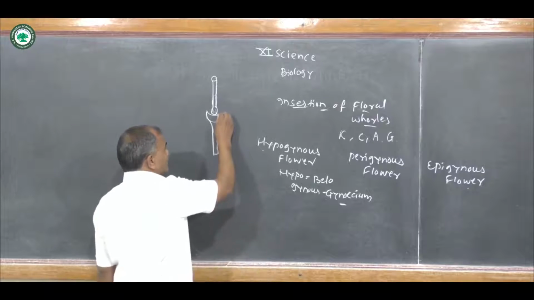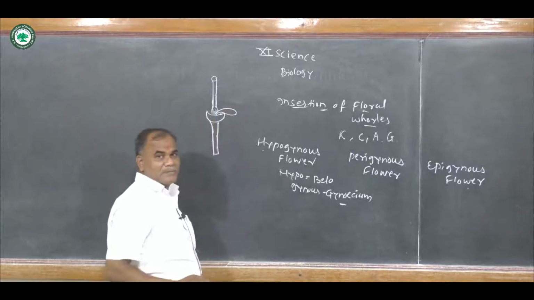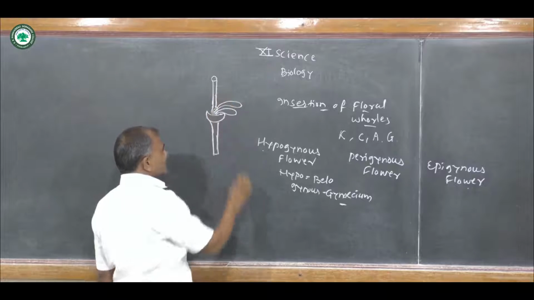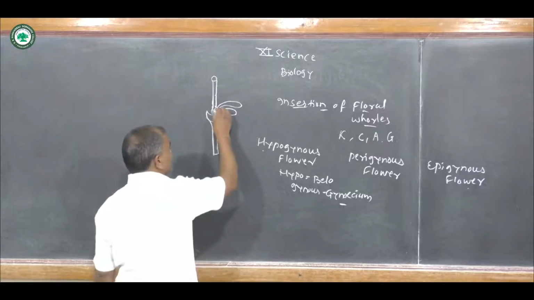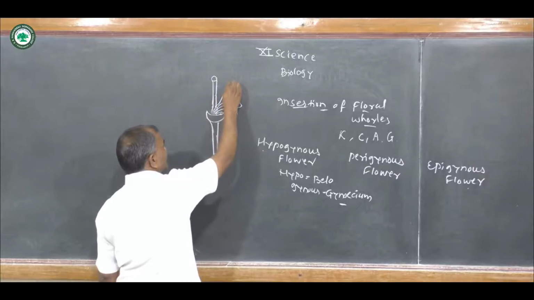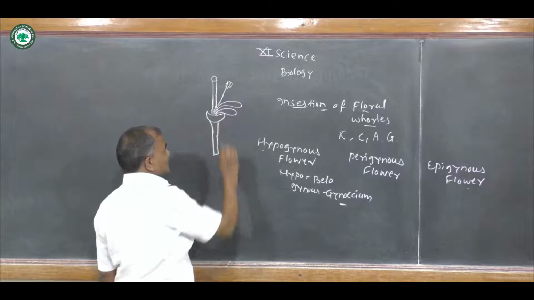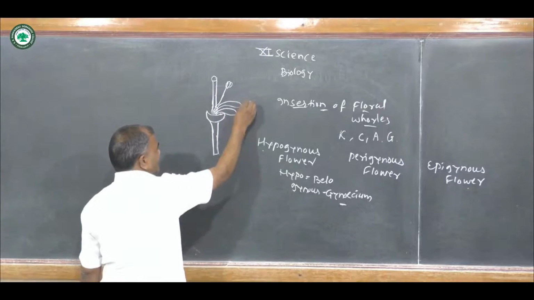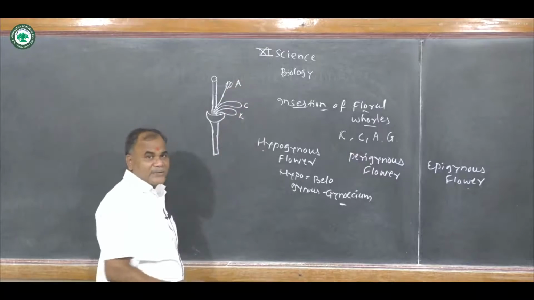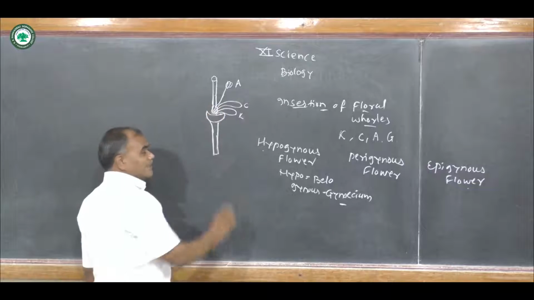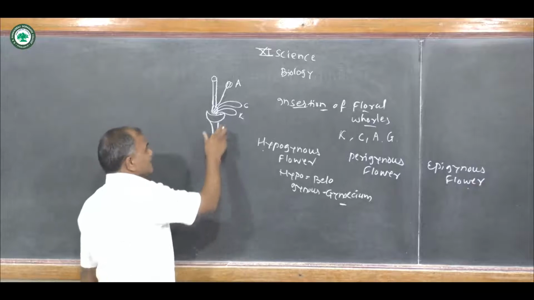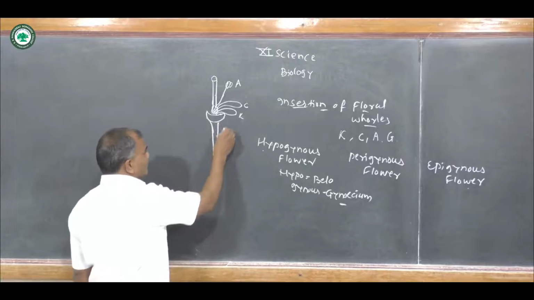So the basal lower part, the calyx, arises below the gynoecium. The second whorl, the corolla, also arises below the gynoecium. And the third and important whorl, the reproductive whorl, the androecium, also arises below the gynoecium. Meaning the calyx, corolla and androecium arise below the gynoecium. This type of arrangement, or insertion of floral whorls, is known as the hypogynous flower.